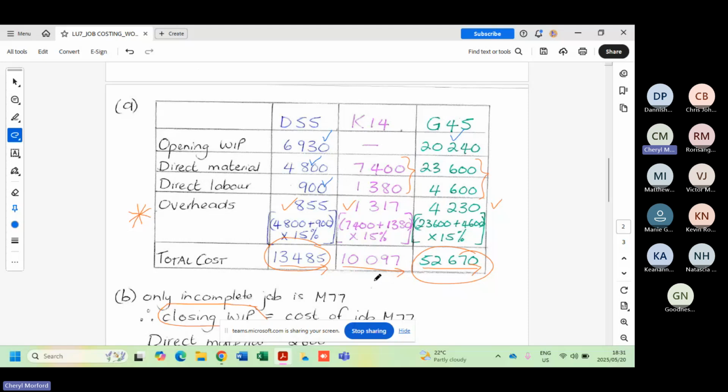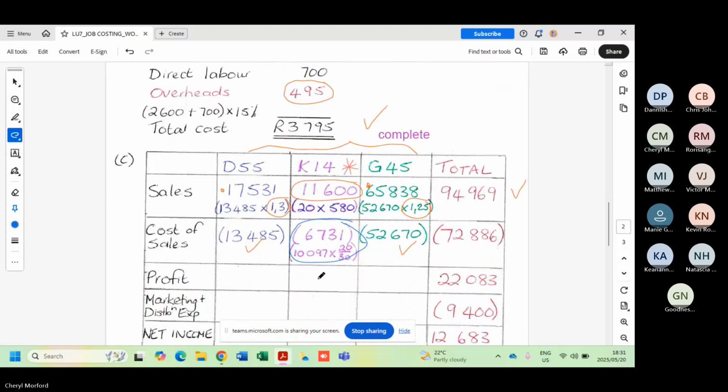So what we need to do is apportion it. So we need to work out the relevant appropriate cost for only 20 of the bats, not all of the 30. So the easiest way to do that will be as follows.